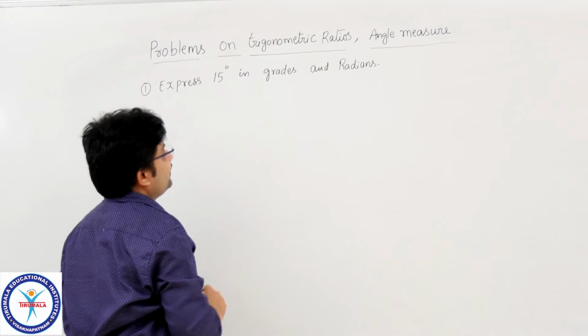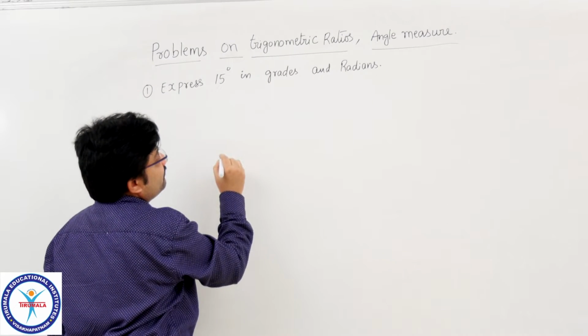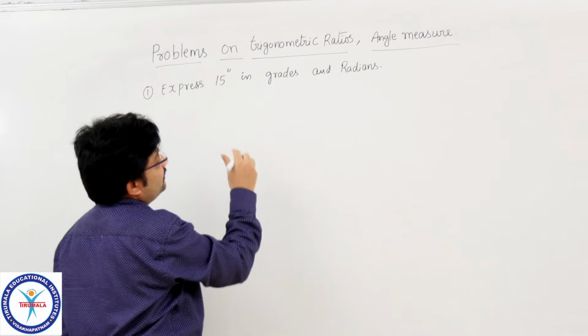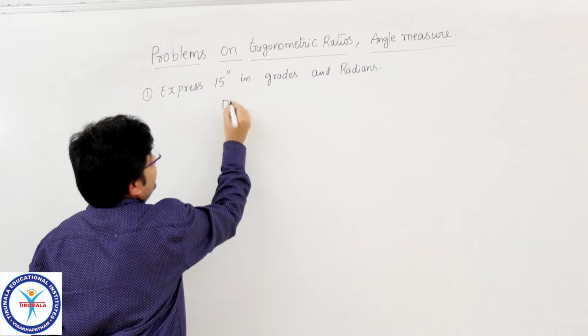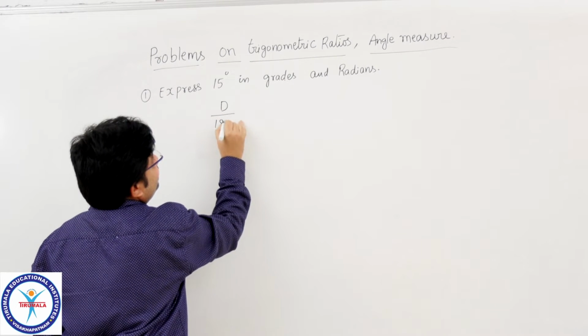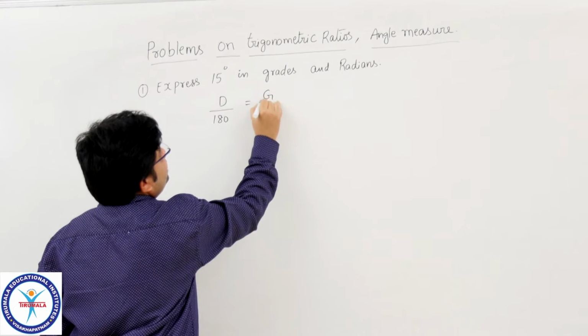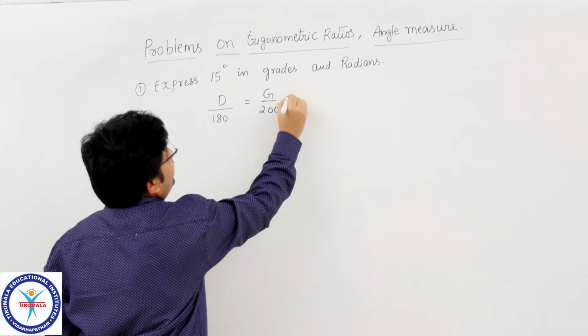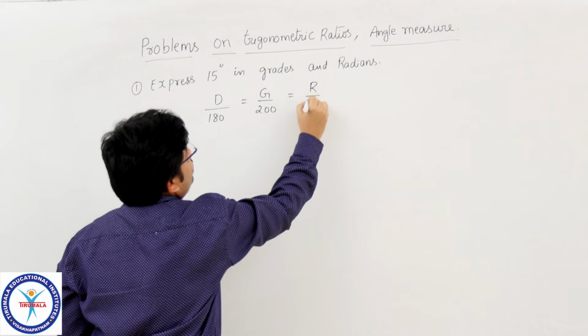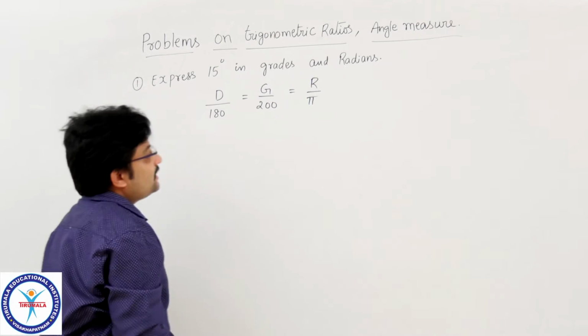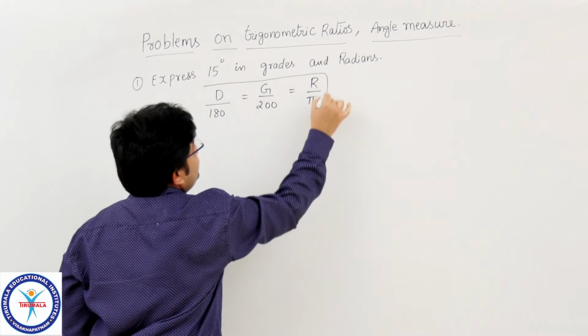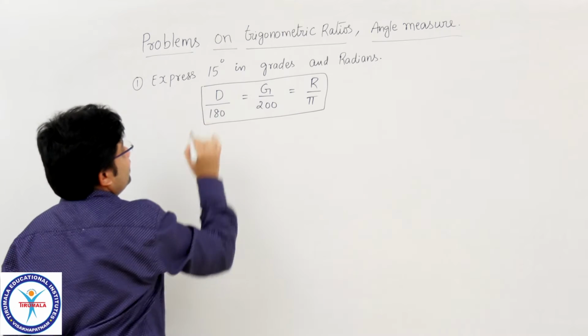Given angle is in degrees, so we have the relation between the degrees, grades and the radians. That means degrees by 180 is equal to grades by 200 is equal to radians by pi. So, this is the relation between the degrees, grades and the radians.